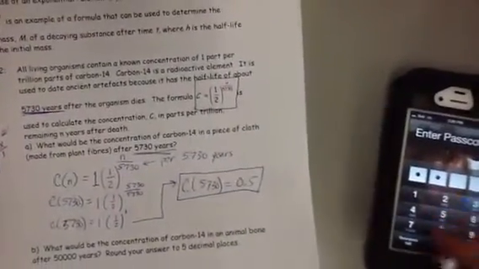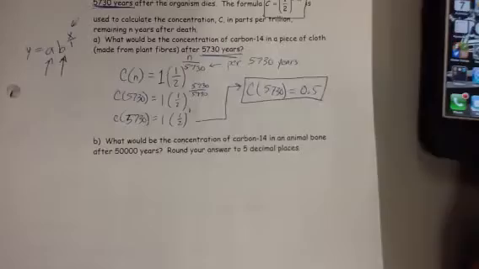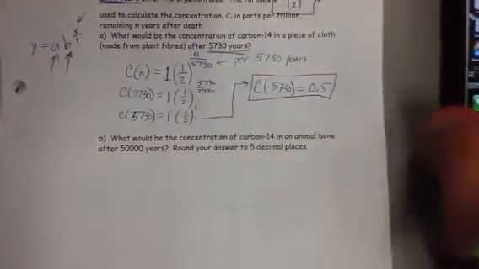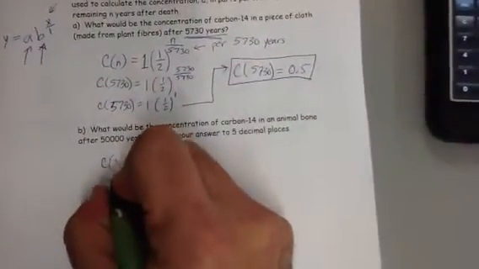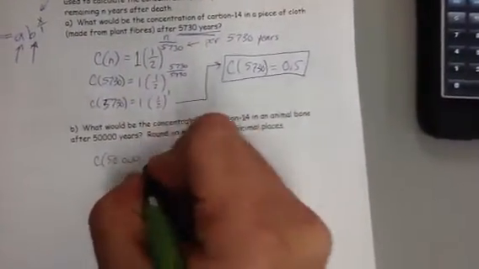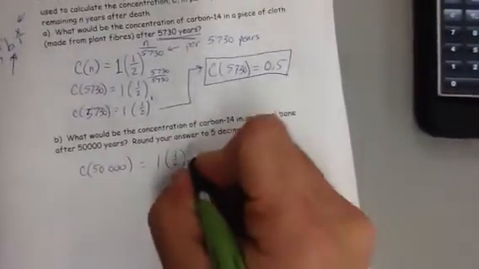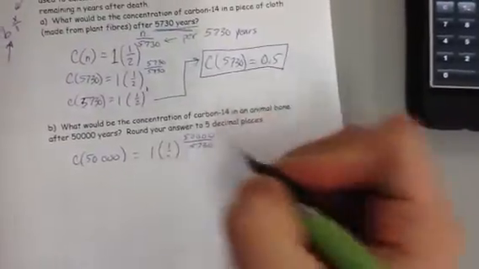Okay? And so then it asks me to figure out what is the amount of concentration of carbon-14 in animal bone after 50,000 years. So figuring that out, all I'm doing is plugging in 50,000 in for n. So plugging in 50,000, this is going to equal 1 times a half to the power of 50,000 all over 5,730.